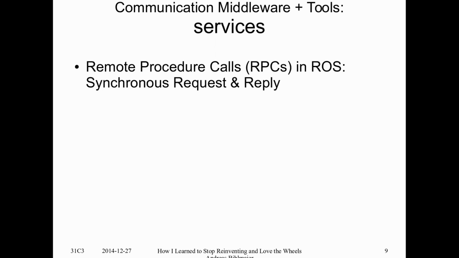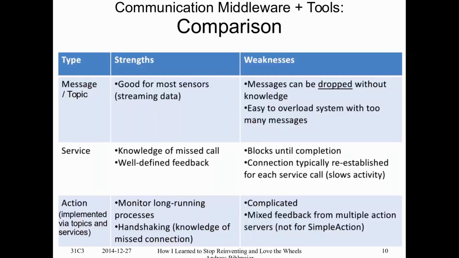And the good thing about these communication mechanisms is that they're complementary. So you have your topics for streaming data, sensors, think of a camera, or your robot, which publishes its current position of all of its ankles and joints. The problem with it is that messages may be dropped due to overload without notice.